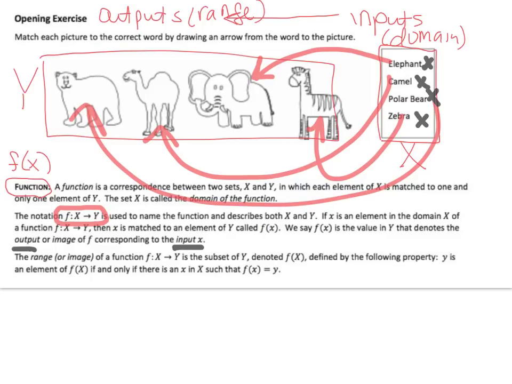Alrighty, so the range or image, we'll get to the word image later, but the range of a function f such that X goes to Y is the subset of Y, denoted f of X, defined by the following property. y is an element of f of X if and only if there is an x, little x in big X, such that f of x equals y.